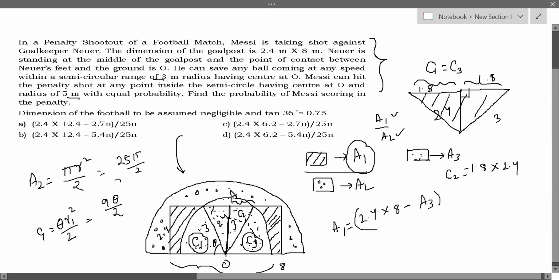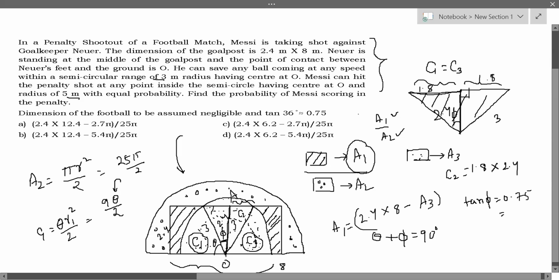So eventually we'll have to find out the value of theta. Now theta plus this angle is equal to 90 degree. So let's call this angle phi. So theta plus phi gives us 90 degree, and tan of phi is nothing but 1.8 by 2.4, that is equal to 0.75.